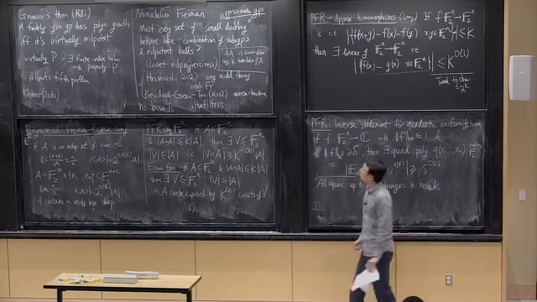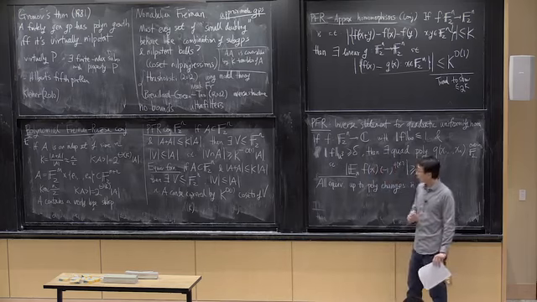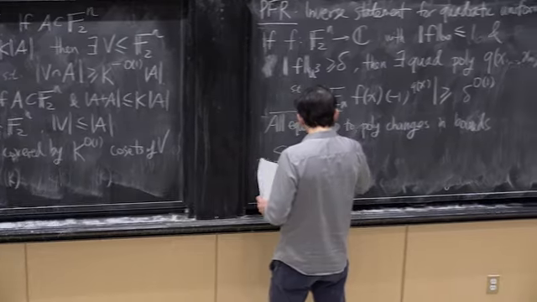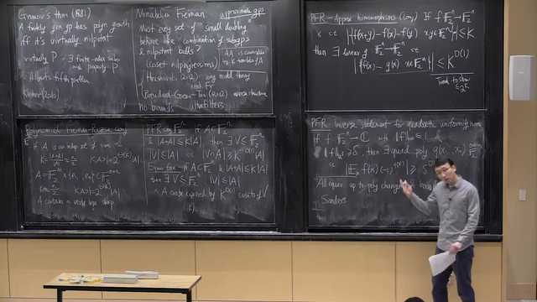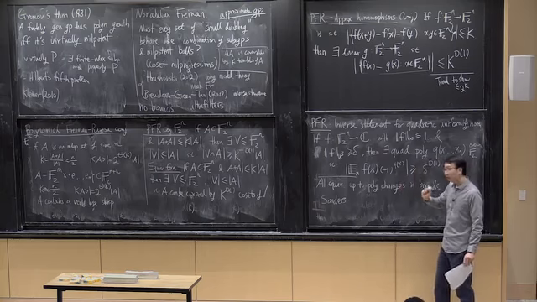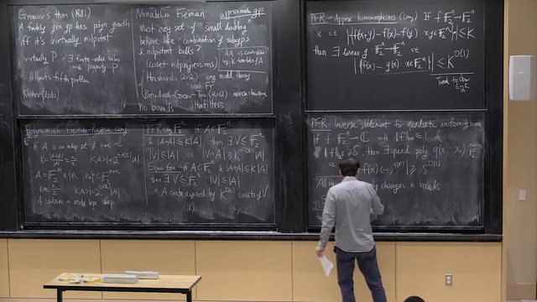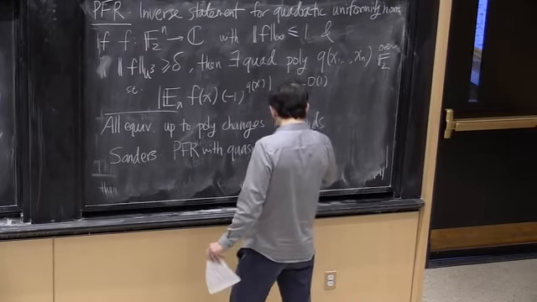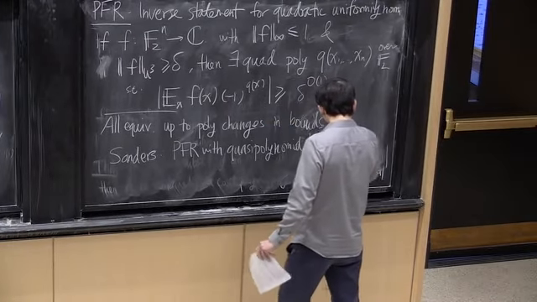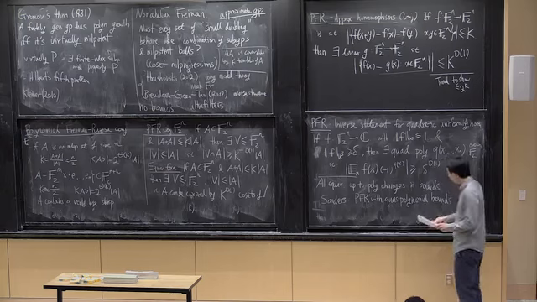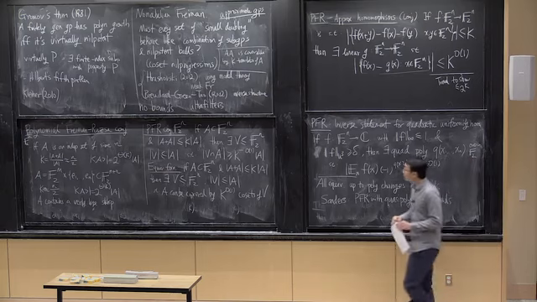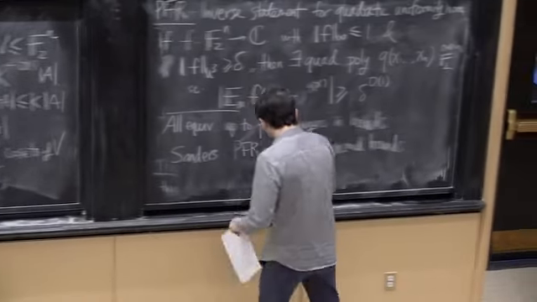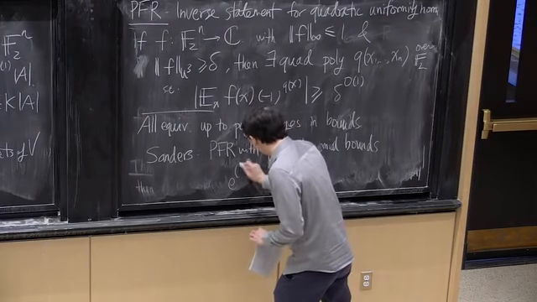The best bounds for the polynomial Freiman-Ruzsa conjecture, and hence for all of these versions, are again due to Tom Sanders, and he proved a version of PFR with quasi-polynomial bounds. By quasi-polynomial bounds, I mean, for instance, over here, instead of k, he proved it for something like e to the polylog k.